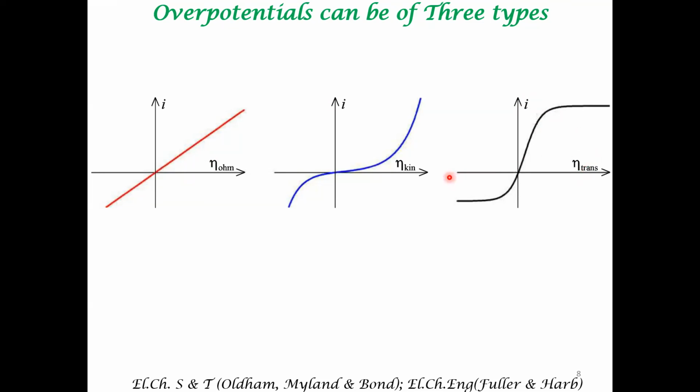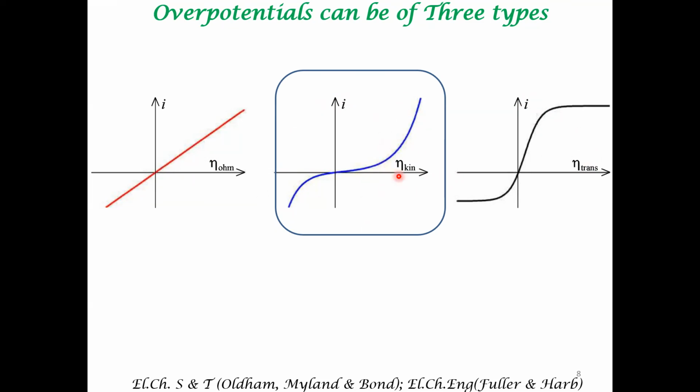But in the next couple of lectures, we'll be interested in kinetic overpotential. What is the behavior seen here? I have an exponential increase in current when I increase the kinetic overpotential. So I can see an exponential increase here. So this will be our focus of discussion in the next few lectures.